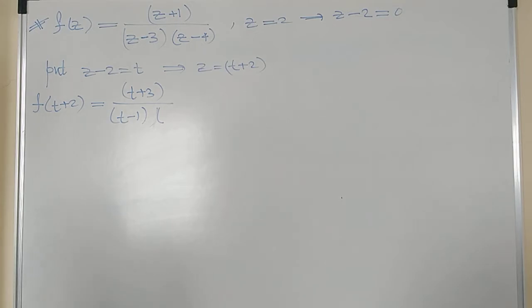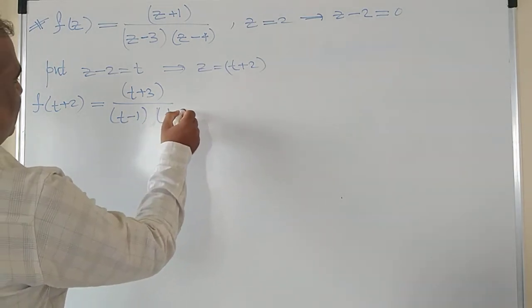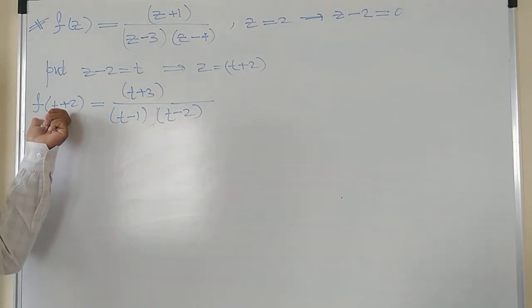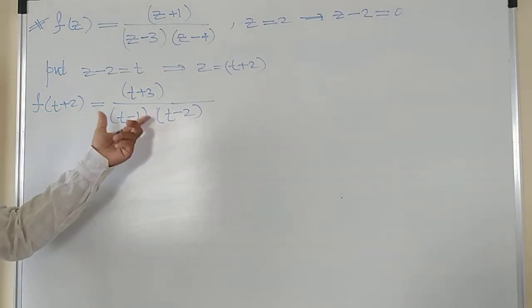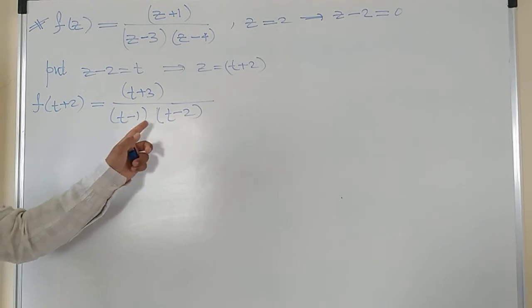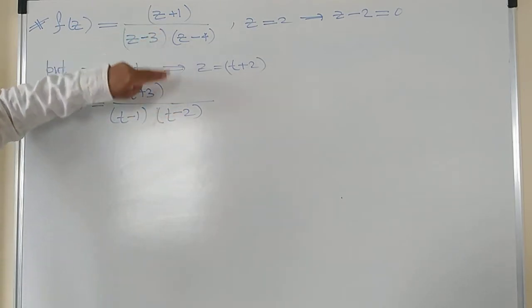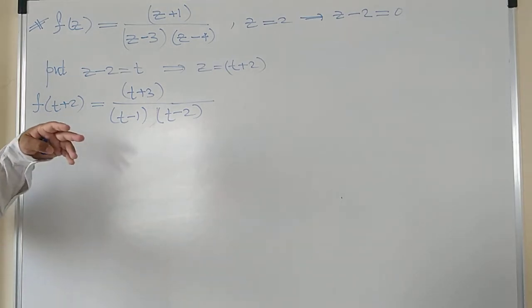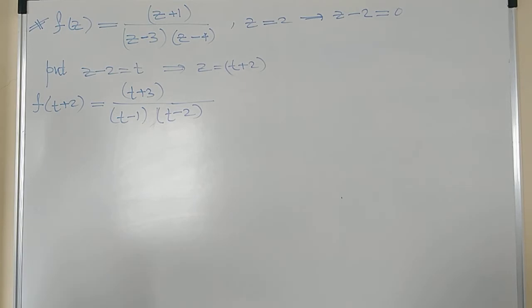So 2 minus 4 is minus 2, so t minus 2, right? So your relation is completely changed into t plus 3 divided by t minus 1 and t minus 2. So this and this both are completely different, right? It's different just for looking, but both are the same, isn't it?